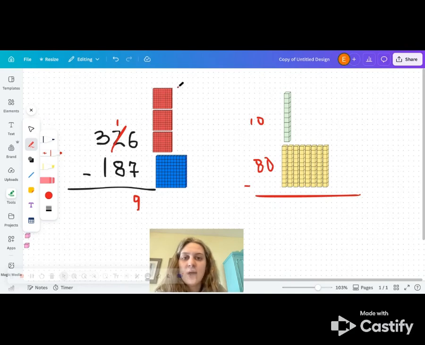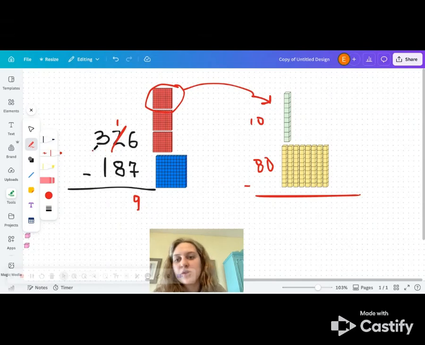In order to do that, we are going to take one of these and regroup it over into the tens place. So as we see here, we're taking one of the three 100s and regrouping it over into the tens place. So we're going to cross out the 3 and write a 2 because one of those 100s is being regrouped over here.